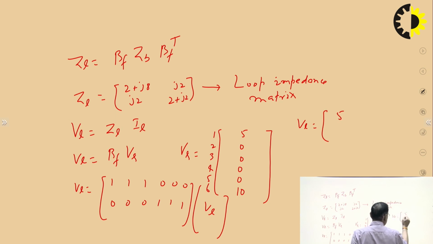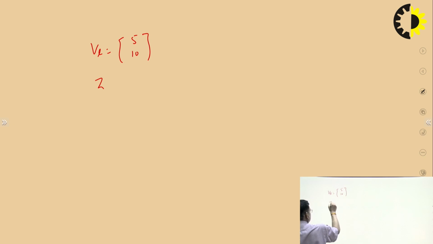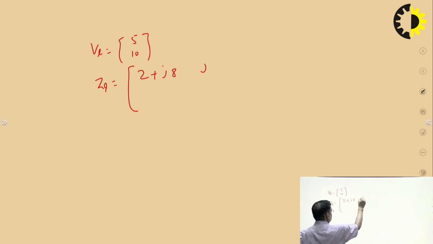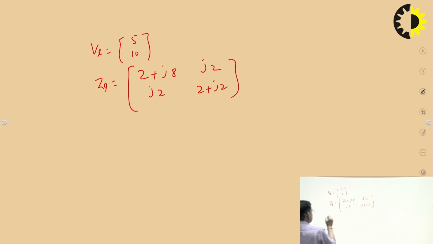VL is coming 5, 10. ZL is 2 plus J8, J2, then J2, 2 plus J2. So the loop equation is VL equal to ZL IL.